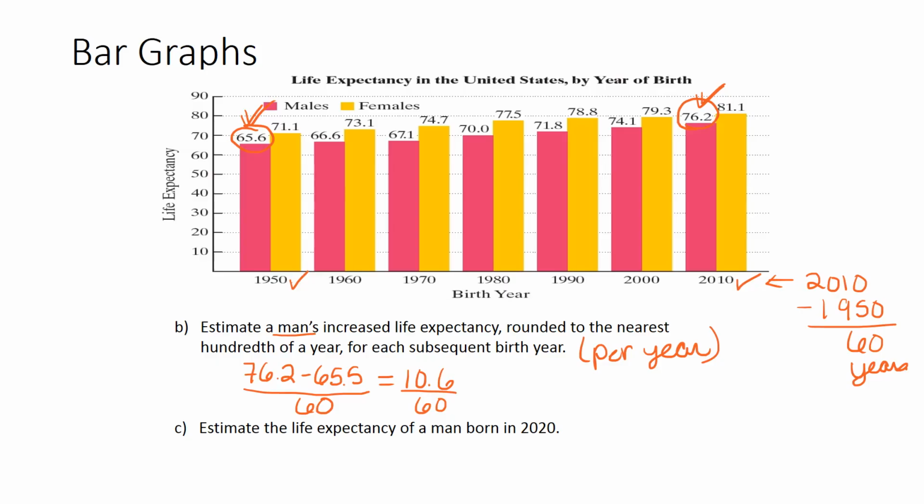You have to do that subtraction first. And it says to round to the nearest hundredth of a year. Well, I've got 0.16766... So if we want to round to the nearest hundredth, that's this place. The digit after is larger than 5, so it becomes 0.17 per year.